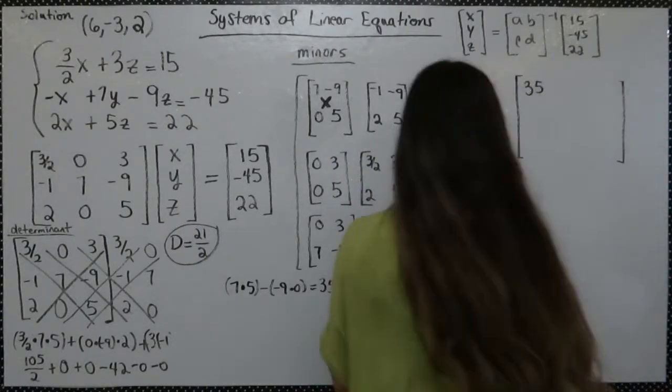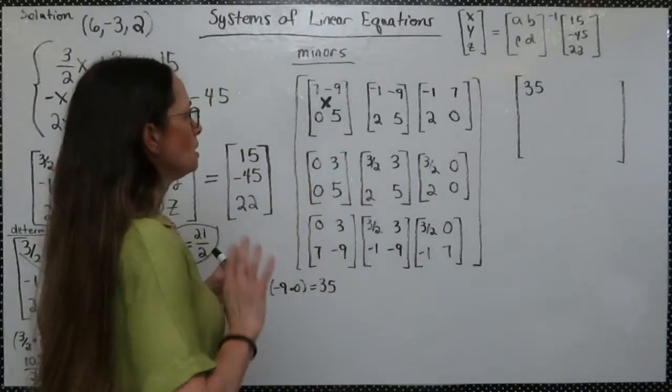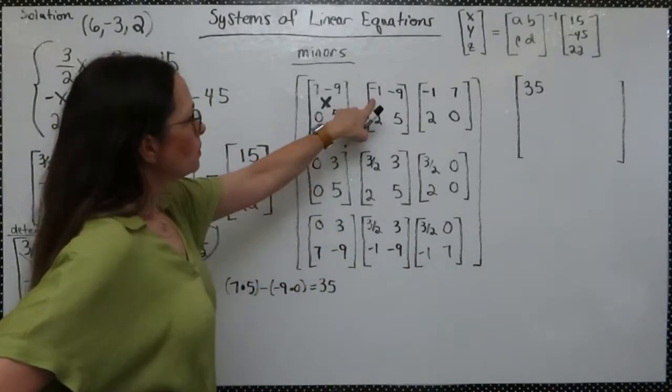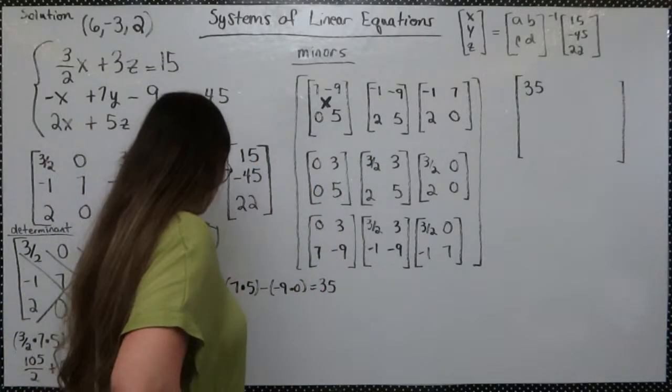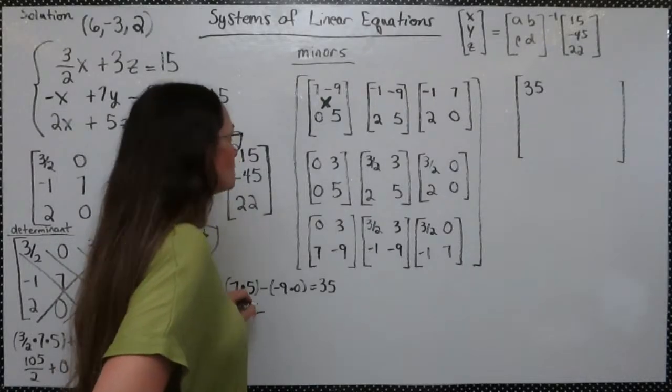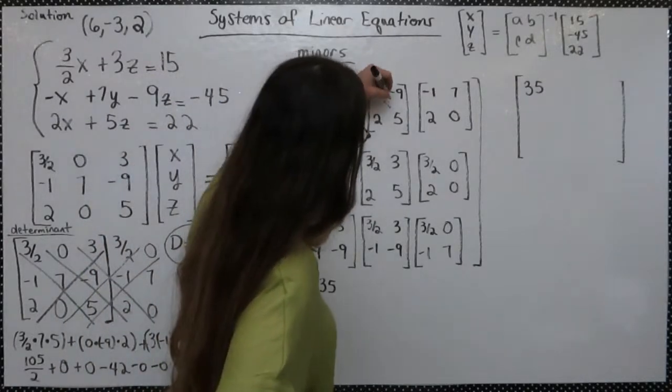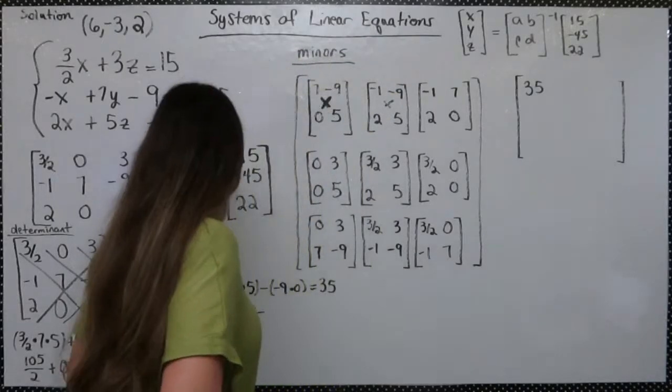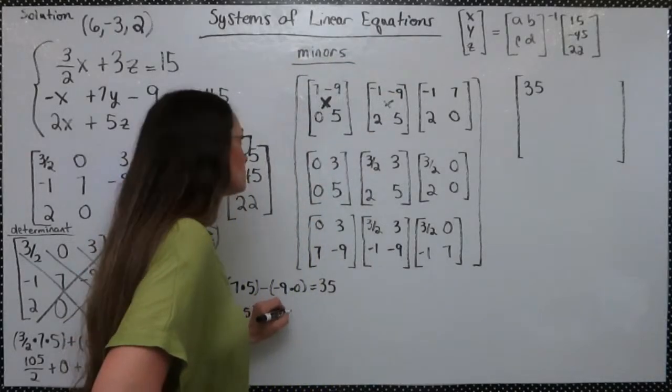This is negative 1 times 5 minus negative 9 times 2.